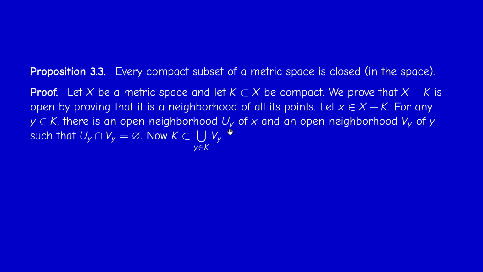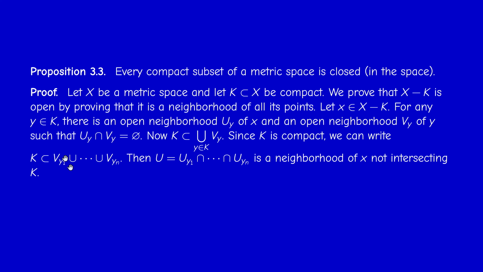And now, when y varies in K, it's clear that K is contained in the union of Vy, because if I take y in K, then by definition y is in Vy, because Vy is a neighborhood of y. So I have now a covering of K by open subsets of X, and compactness tells me that K is covered by finitely many Vyi.